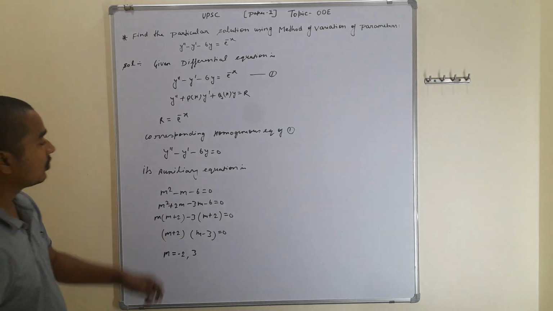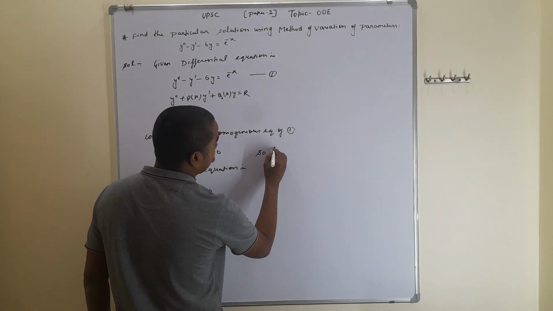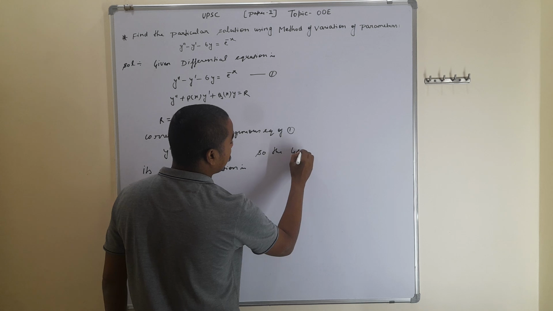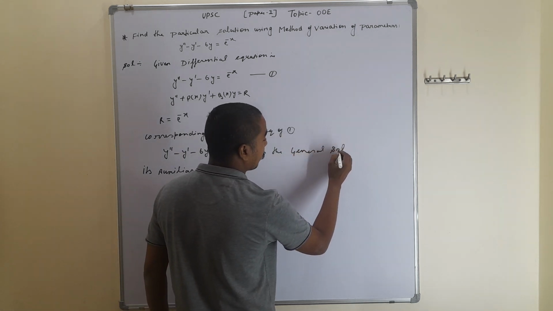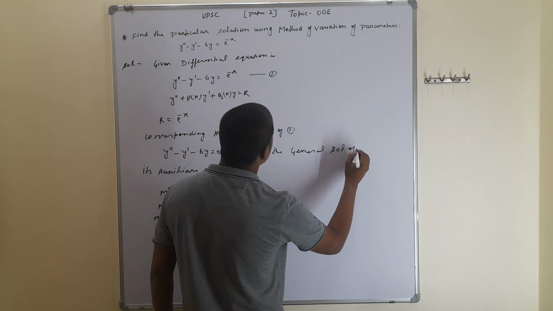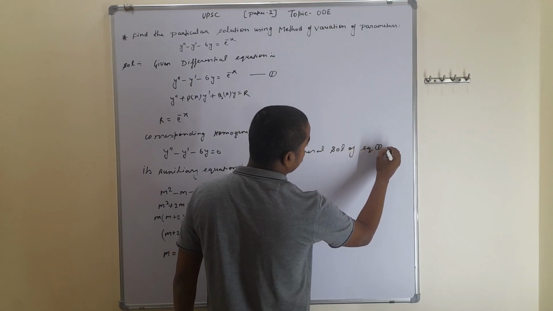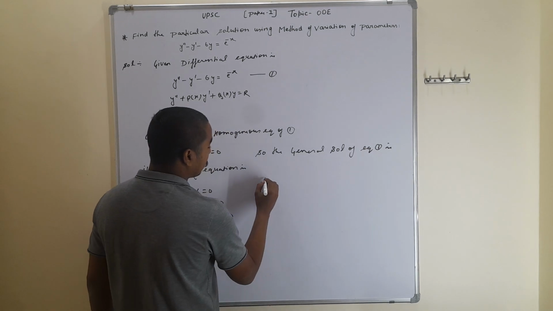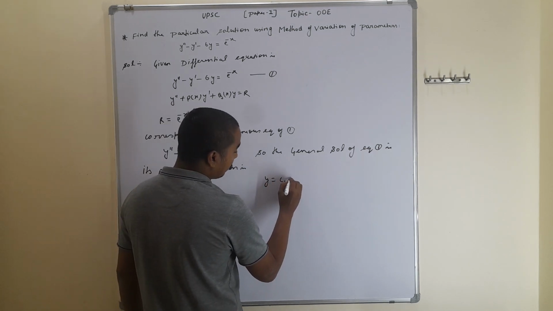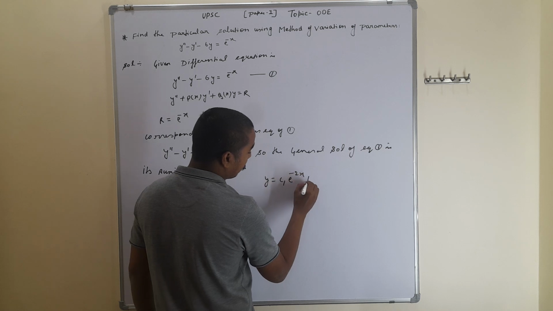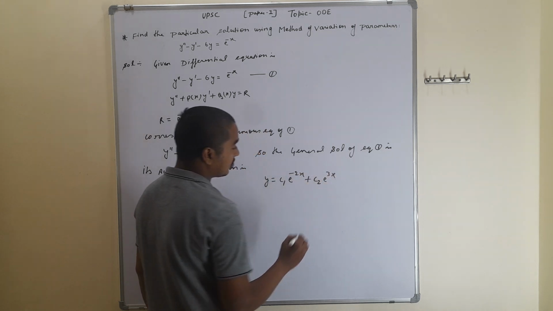The general solution of equation 1 is, that is y is equal to c1 e to the power minus 2x plus c2 e to the power 3x.